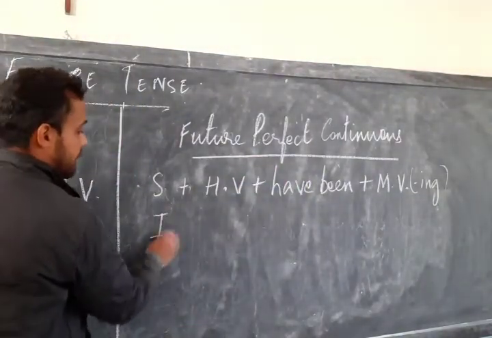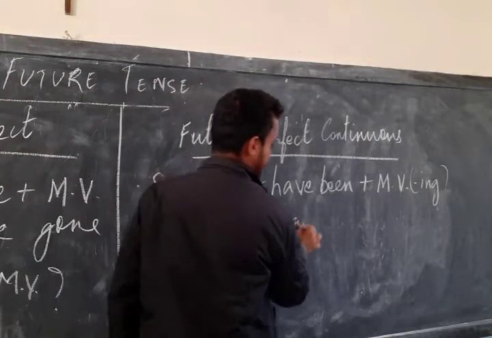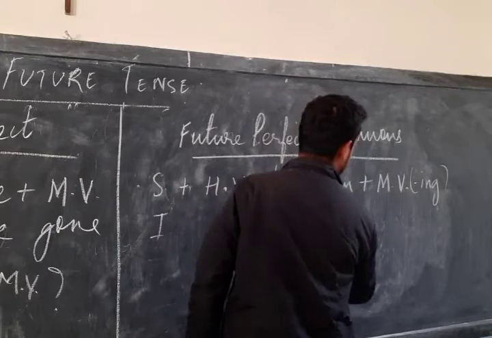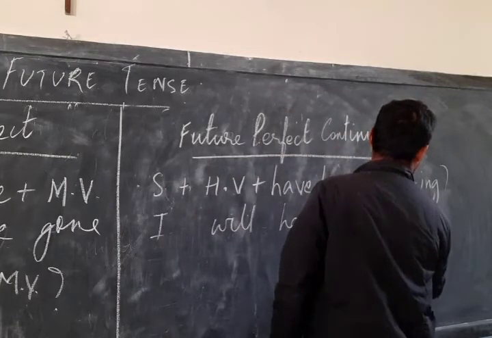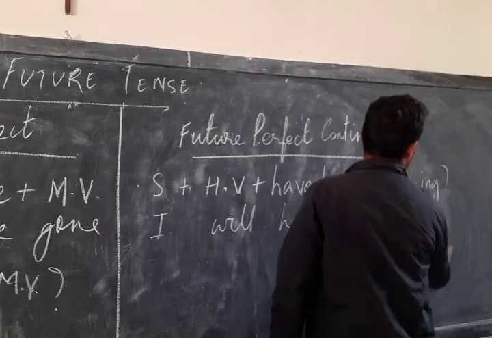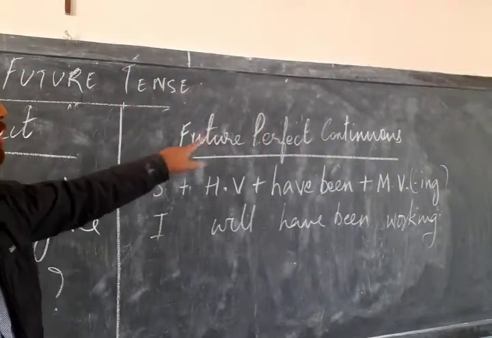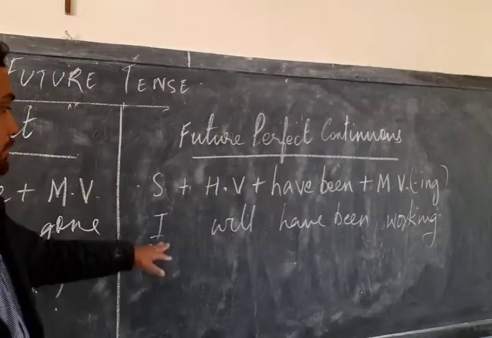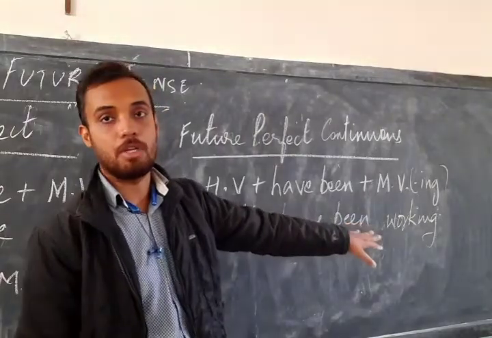Okay? Again, I will write the same sentence. I will have been working. And this sentence is in future perfect continuous. Subject, helping verb, have been working.